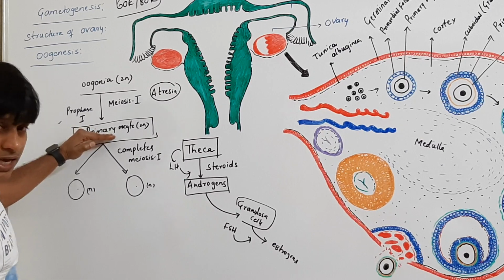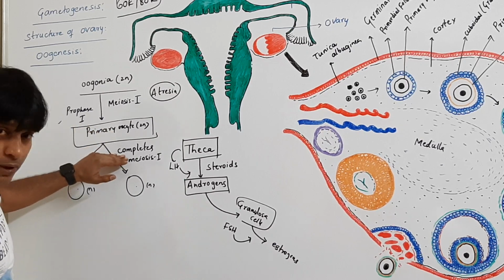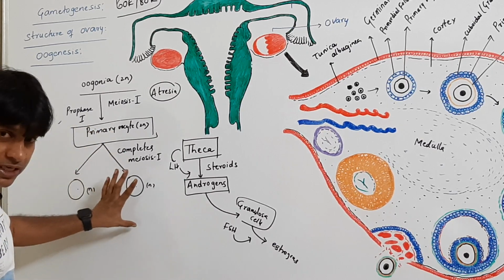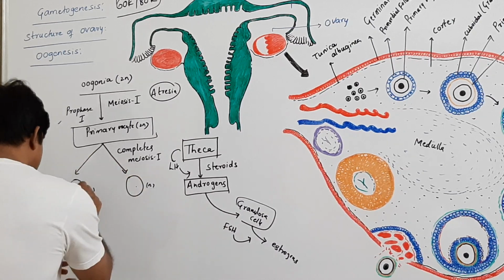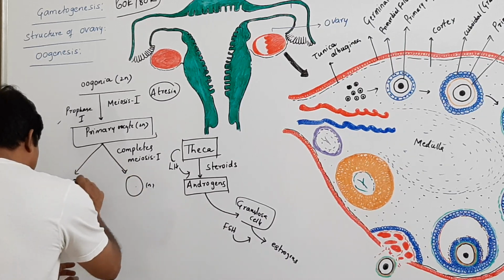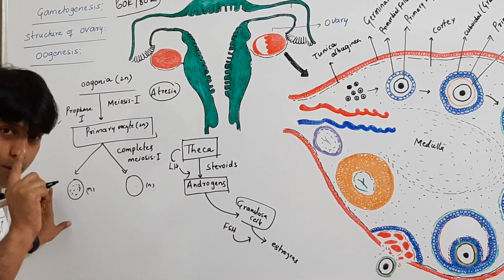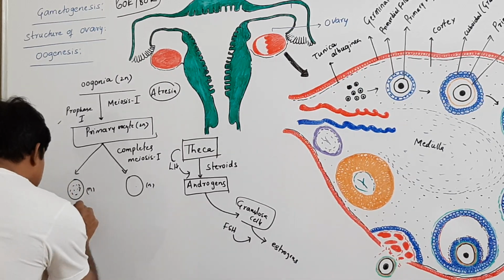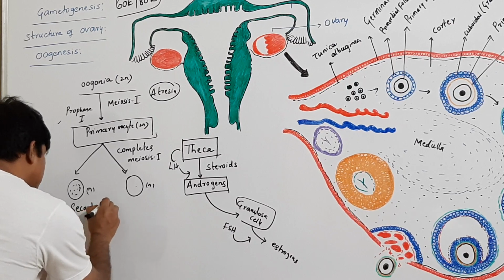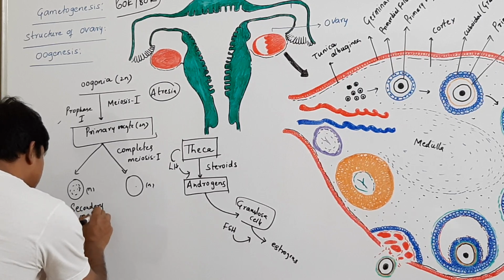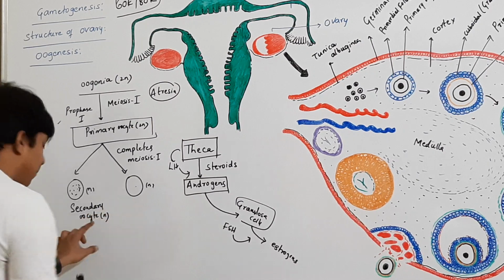So the primary oocyte undergoes meiosis 1 and divides into 2 cells, and this division is an unequal division where the entire cytoplasm goes into 1 cell, and this becomes your secondary oocyte, haploid.